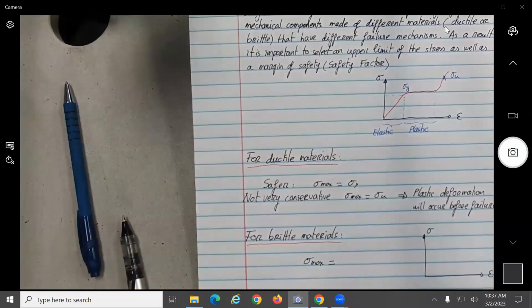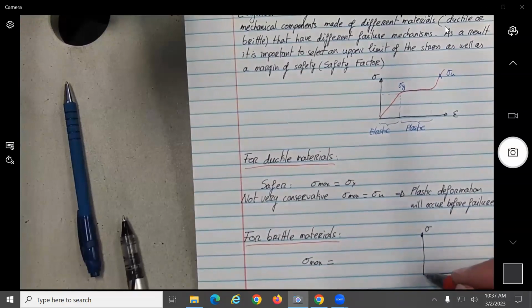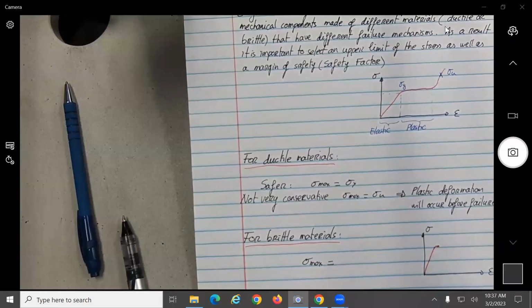So in a ceramic, what would be the shape of the curve if I do the stress strain curve? Are you going to see any deformation on a brittle material? It will fail, huh? It will break. So probably it will be a very steep, not much at all, stress strain curve.